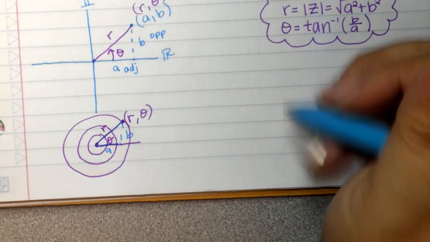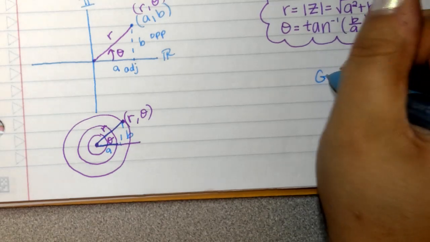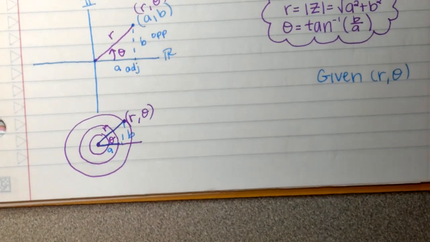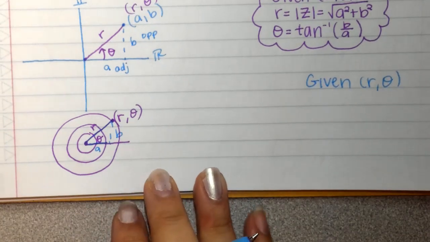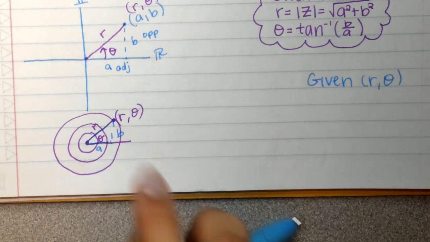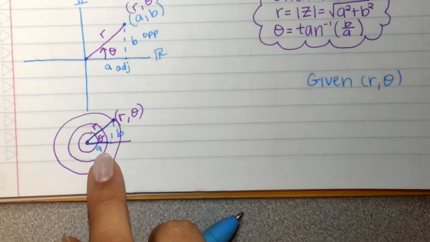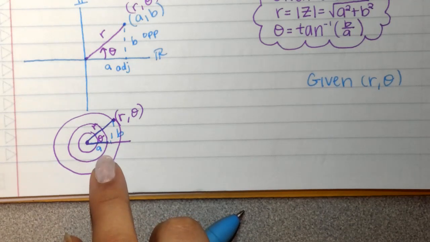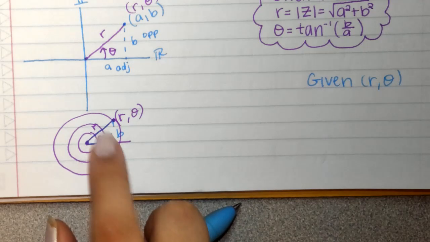Remember, if I give you R and theta, that's what you know. How do I find A? What's A? Adjacent. And what do I know? R and theta.